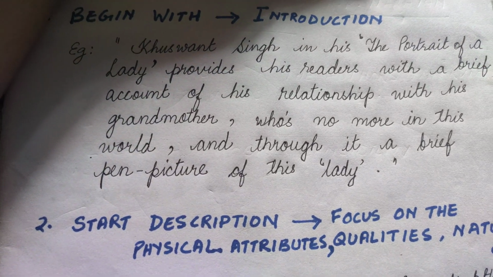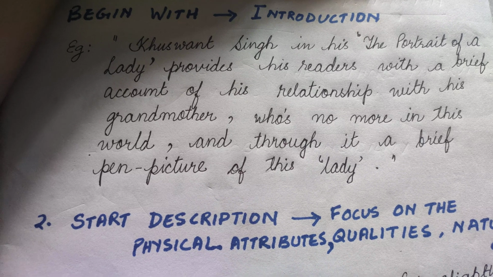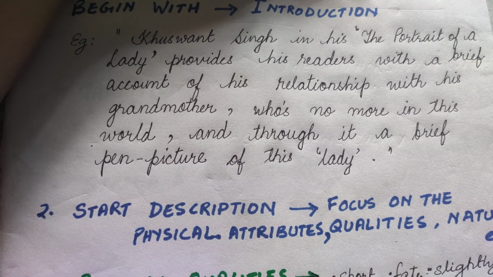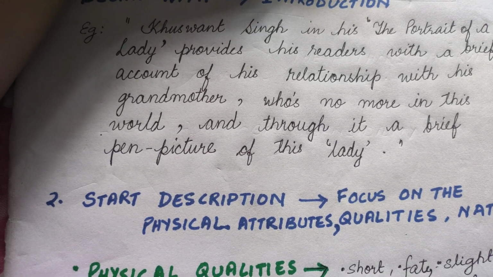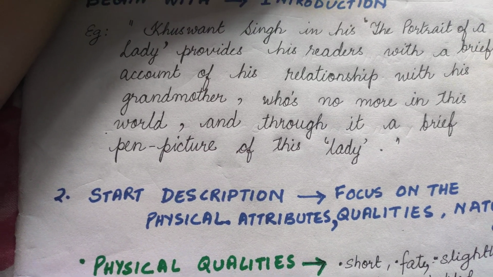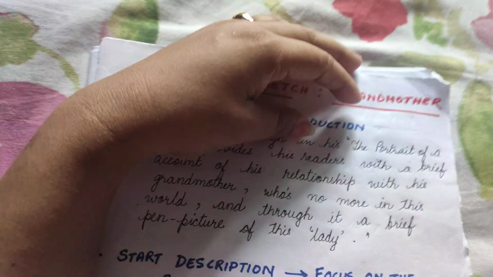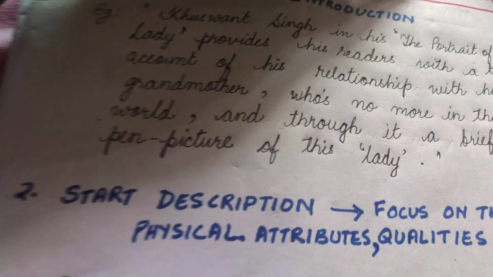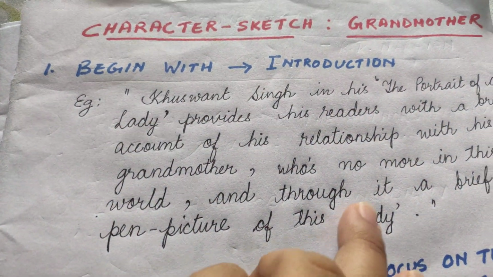Here I have written, Khushwant Singh in his The Portrait of a Lady provides his reader with a brief account of his relationship with his grandmother, who is no more in this world, and through it a brief pen picture of this lady, within quotation, because I want to show the examiner that the lady here is none but the grandmother.